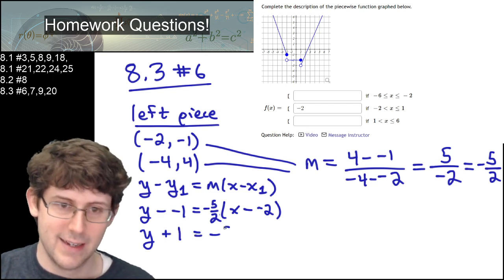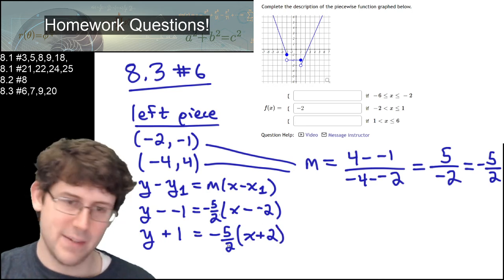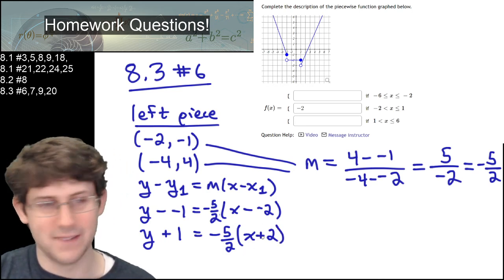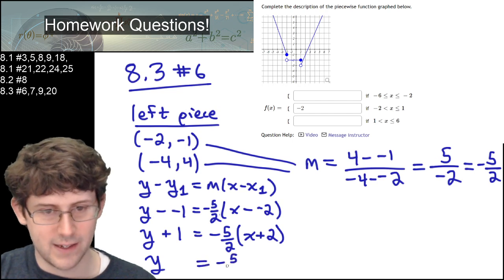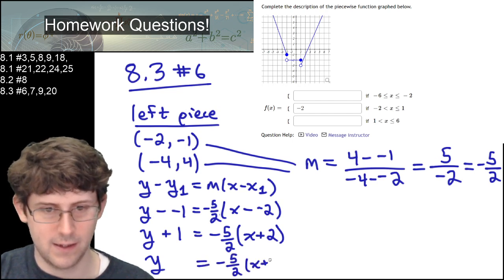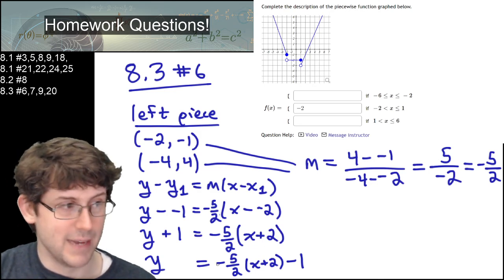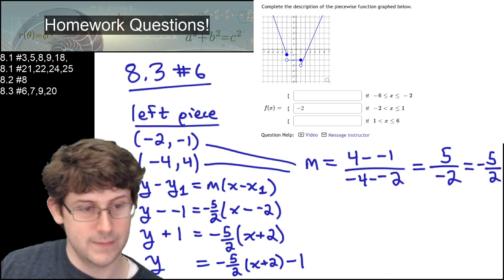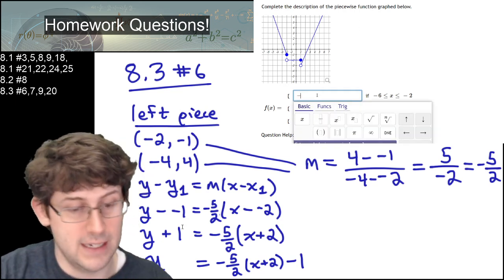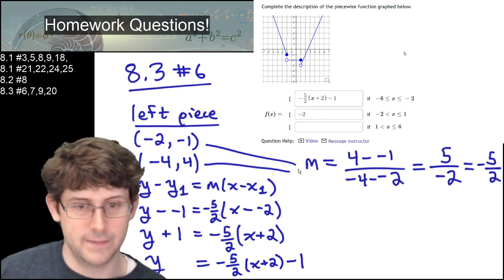But because there are no other parts of this problem, I'm not going to bother distributing the -5/2. I'll just solve for y, and I'll call it good. So the first piece is y equals -5/2 times (x plus 2) minus 1. Type that into the first piece.